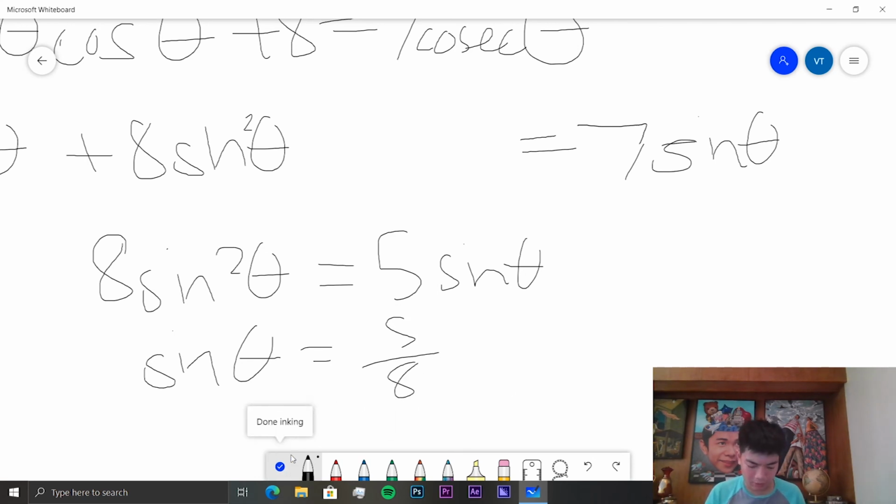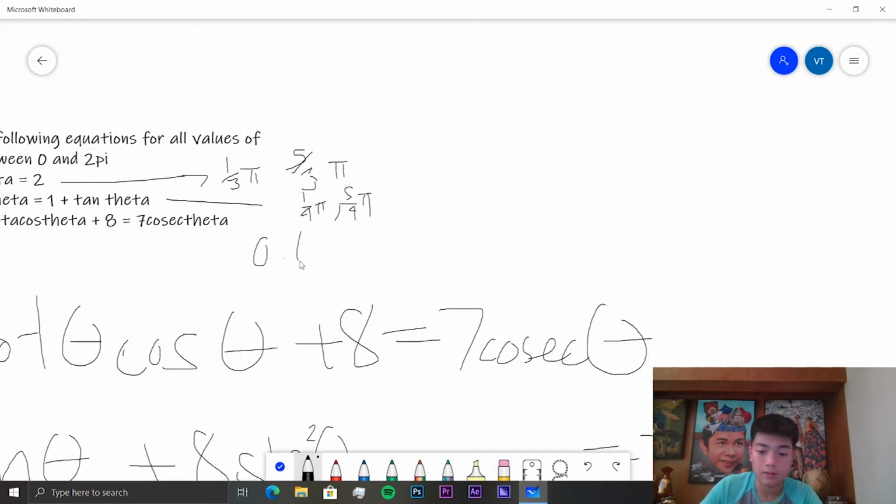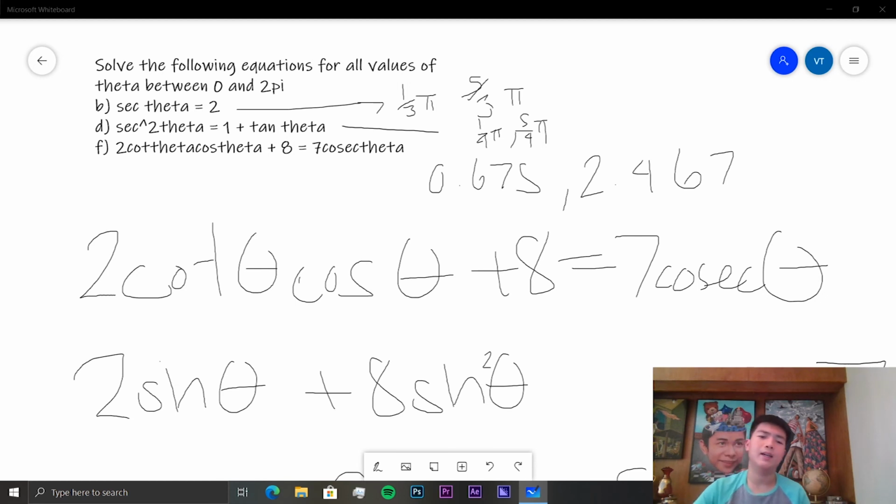What values are there for this? I'm actually not too sure, so I'm going to hit it on the calculator. Sine inverse of 5 over 8, and I get 0.675. And conversely, pi minus 0.675 should also be an answer, so 2.46. Yeah, I don't see why I'm wrong.